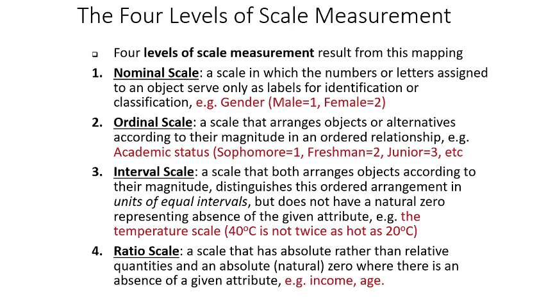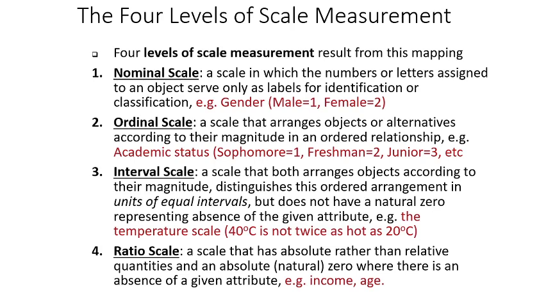The third one is interval, the in-between difference. A scale that both arranges objects according to their magnitude and distinguishes this order in units of equal intervals, but does not have a neutral zero representing absence of the given attribute. There must be some difference in between. What is between 1 to 3? 2.